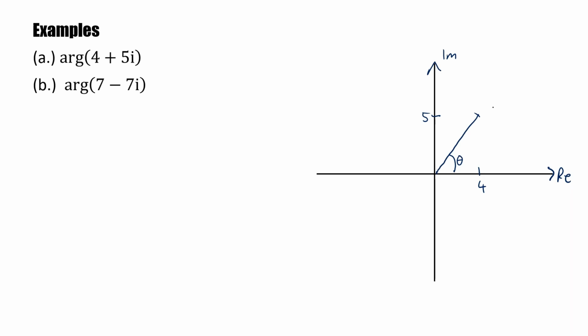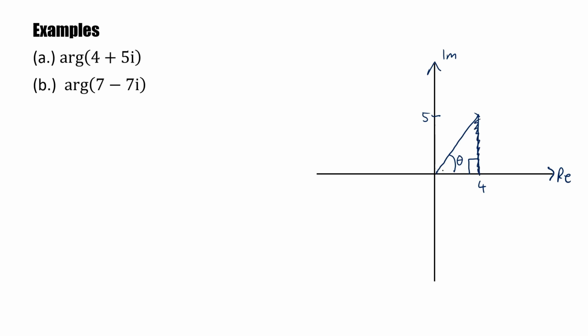Well, use a similar strategy at first to what we did with the modulus. You can form a right-angled triangle. And the reason that's useful is because it then means we can use simple SOHCAHTOA trig or right-angled triangle trigonometry, whatever you want to call it, to find our angle, because we know the opposite of our triangle is 5.